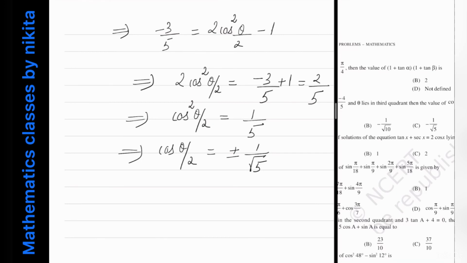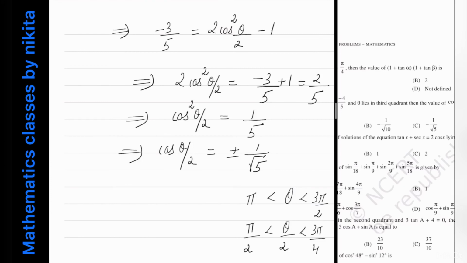Which value do you have to take, plus or minus? See, your theta was lying in the third quadrant, that means it was greater than pi and less than 3 pi by 2. Okay, so therefore theta by 2 will be greater than pi by 2 and less than 3 pi by 4, and 3 pi by 4 is less than pi. So that means theta by 2 lies in the second quadrant.